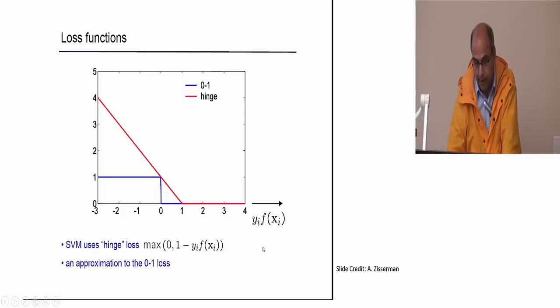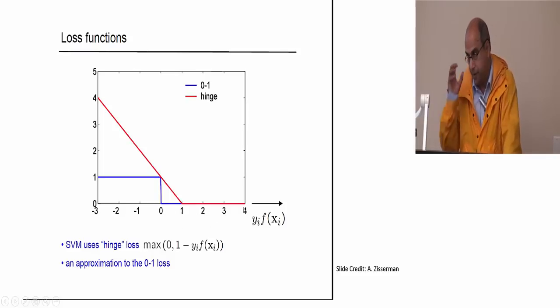Remember that if the example is a positive case, then yi will be plus 1, and this will be greater than 1, so it will be positive. If it's a negative example, yi will be minus 1, and this will again be positive.